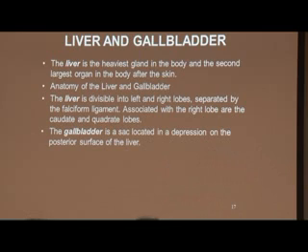There's actually a ligament on the backside of the liver here, this white ligament. It's called the round ligament. And the cool thing about the round ligament is that it was the blood vessel that came back from your placenta through your umbilical cord and brought the nutrients from mom's blood into your body.